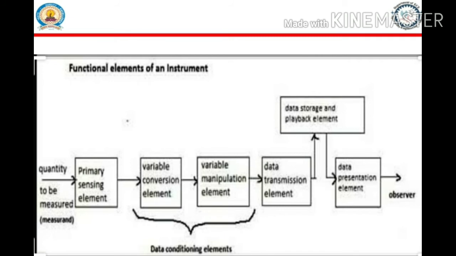So in our example, the weighing machine, we are doing filtering, amplification, or other operations on the electrical signal. After this filtering and amplification, the resultant signal will be calibrated in terms of equivalent mass.